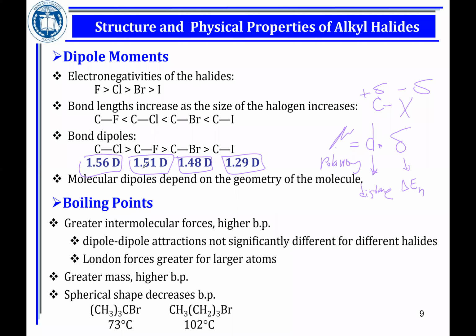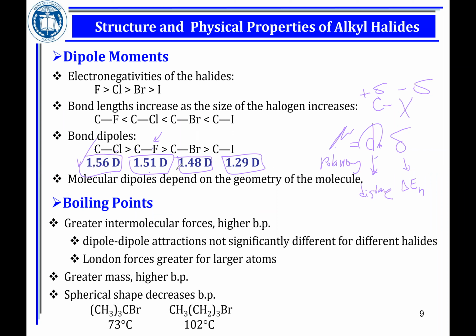So there are two factors that affect the degree of polarity. For that reason, the C-Cl bond is more polar than the C-F bond, even though F has higher electronegativity, because the size of the chlorine, the distance factor, is affecting the polarity, and we get higher polarity overall for C-Cl compared to C-F. If it's a specific question, you have to know this.